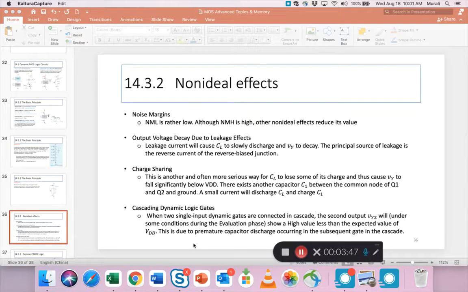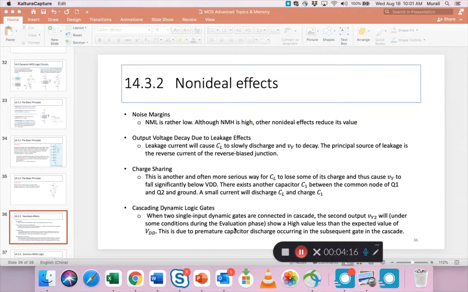Lastly, when you try to connect the output of this dynamic MOS gate to another similar gate, so the output of one inverter or logic gate becomes the input of the next, that process is called cascading. You're connecting two in cascade. But even there is a problem, and that's a serious problem.